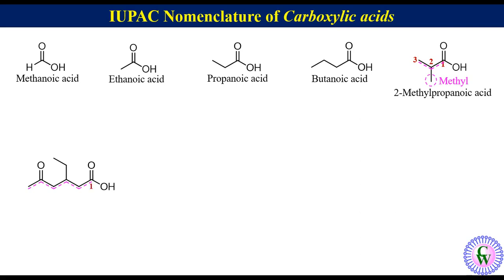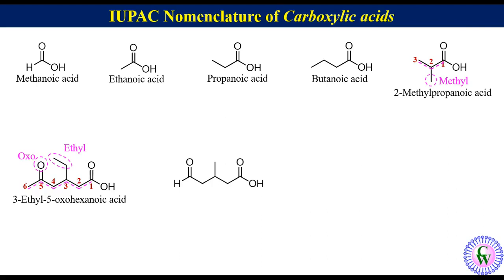Numbering will be 1, 2, 3, 4, 5 and 6 like this. Here we can see that there is an ethyl at C3 and an oxo at C5. Thus, the IUPAC name will be 3-ethyl 5-oxohexanoic acid.